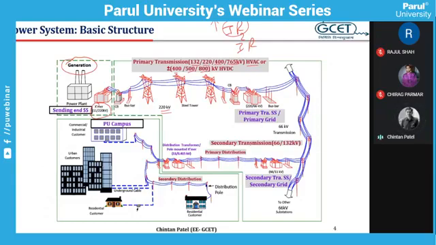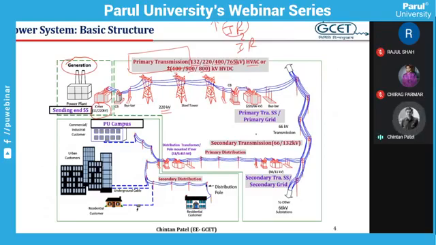This transmission network with extra high voltage or ultra high voltage level is known as the primary transmission. The primary transmission is the transmission network having a voltage level in the range of EHV or UHV.